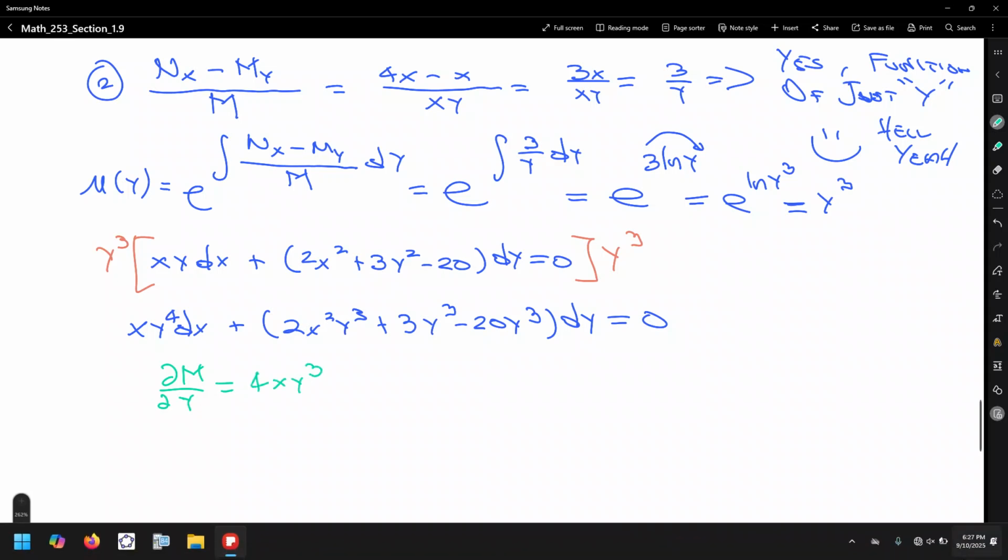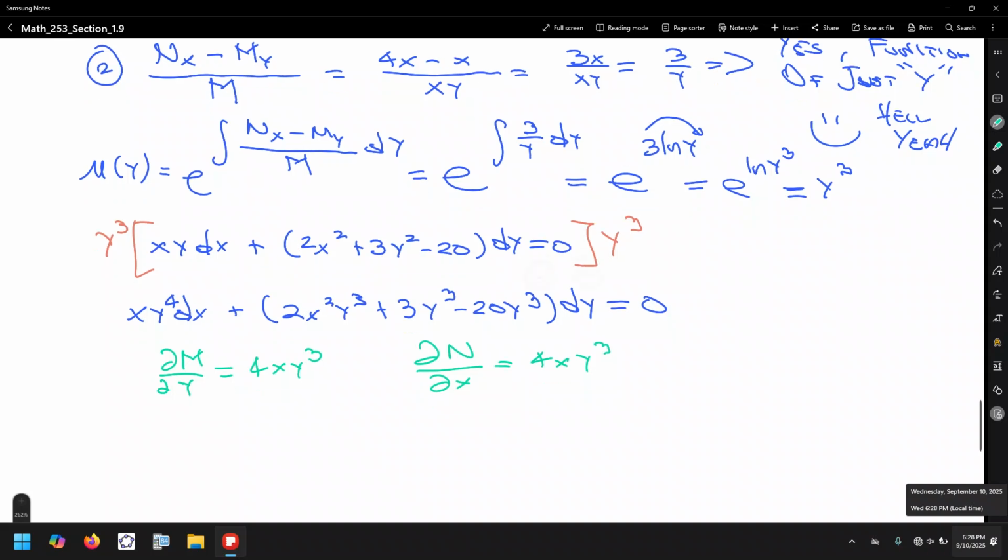All right. What about the partial of n with respect to x? With respect to x, that is 4xy cubed. This is only a y, so that goes to 0. So, exact. Right? Exact.